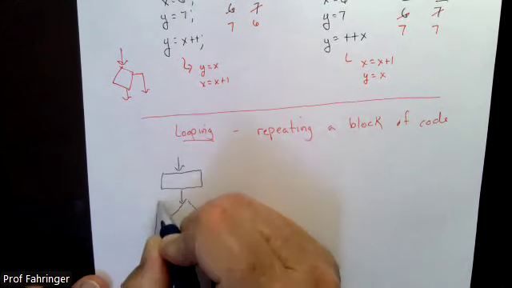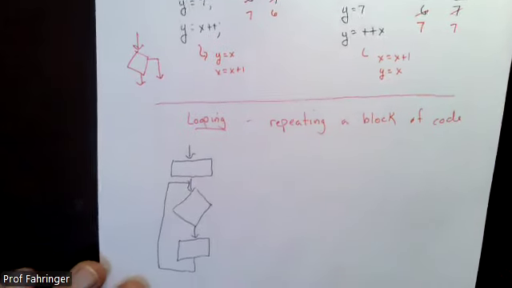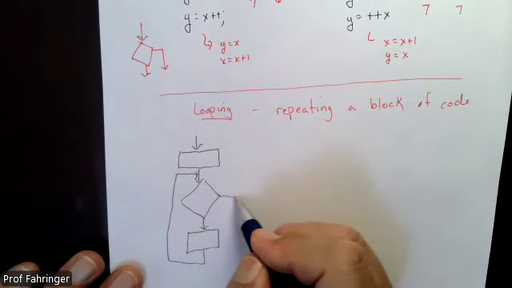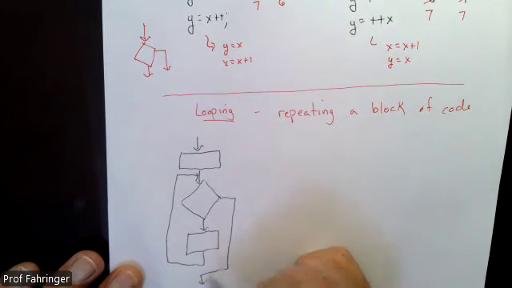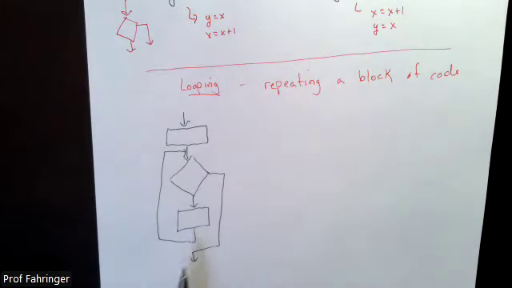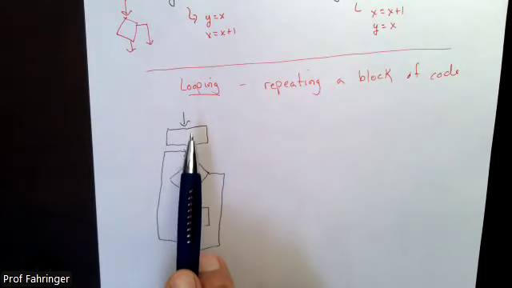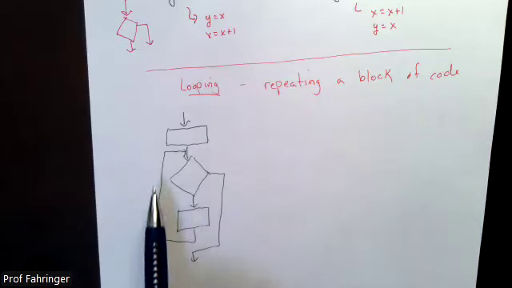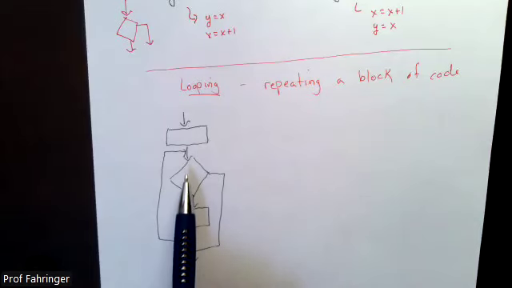But after that, we're going to go all the way back up and repeat. My other choice is I get out of that repeating process, this looping process, and I keep going with my program. So I'm coming down, and we're out.